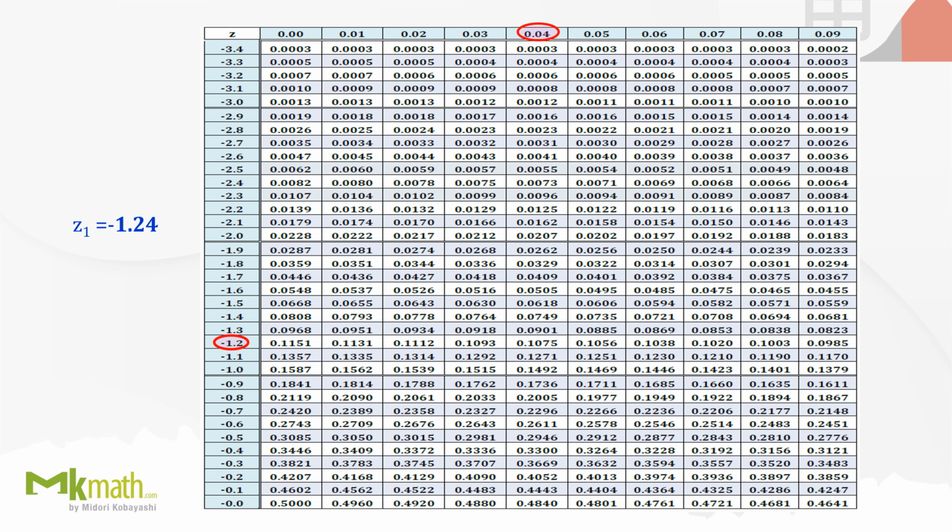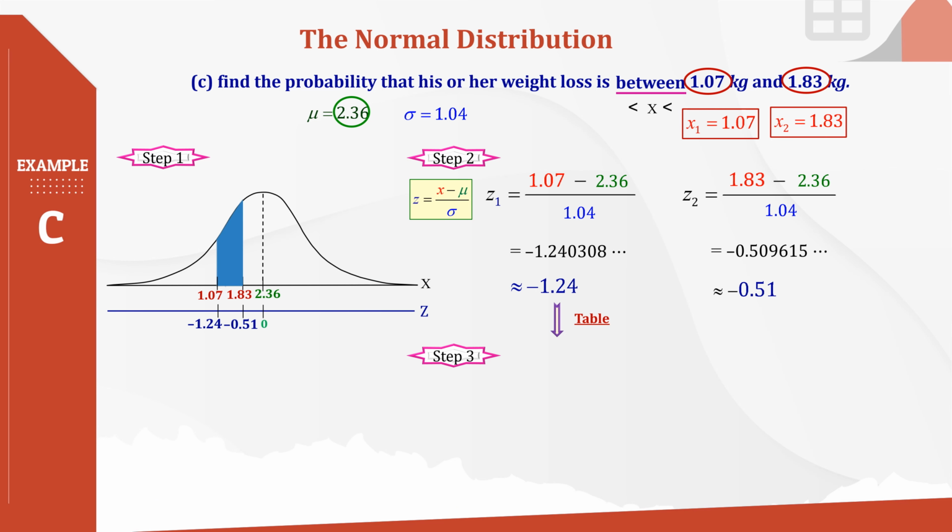The intersection of those values is the left cumulative area to Z score negative 1.24, which is 0.1075. That Z score of negative 1.24 gives a left cumulative area 1 of 0.1075, shown in light purple color.